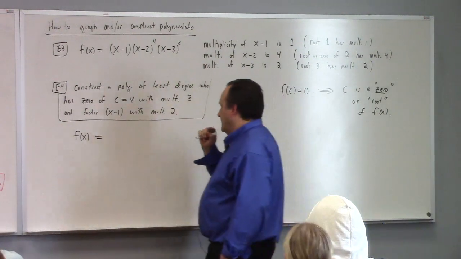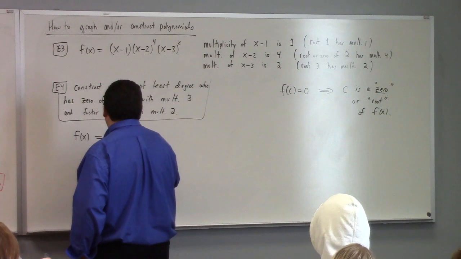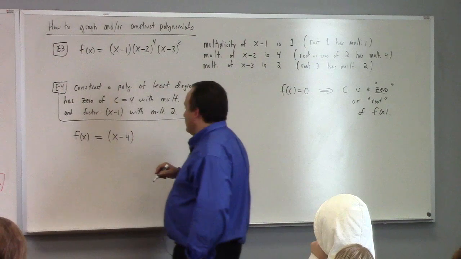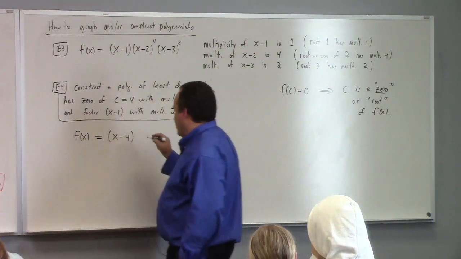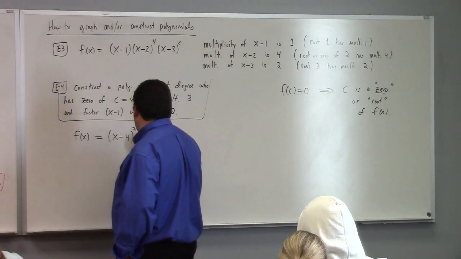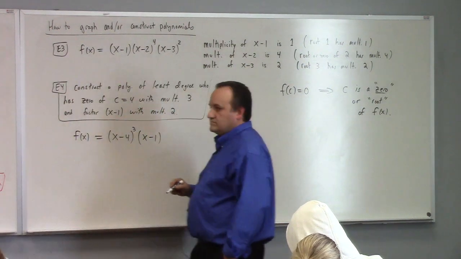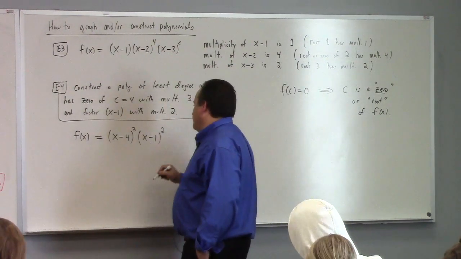X minus 4. All right. G of x. Well, x minus 4 to what power? X minus 4 to the third power. Very good. And then what else do we got? X minus 1 squared. Yep.